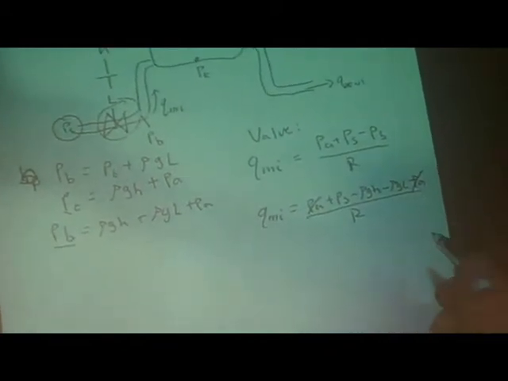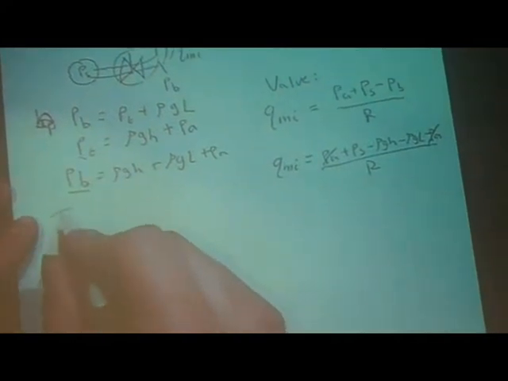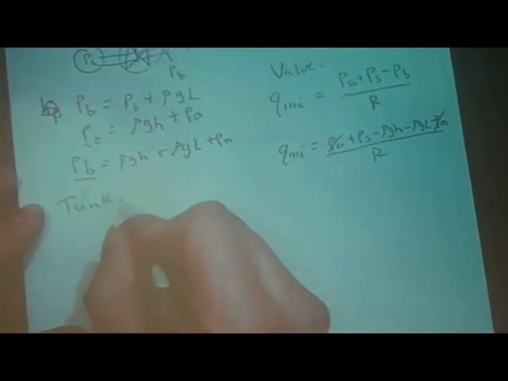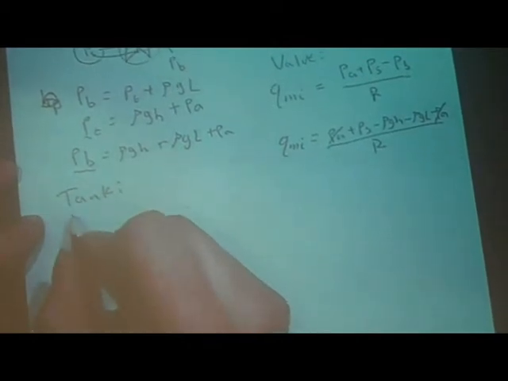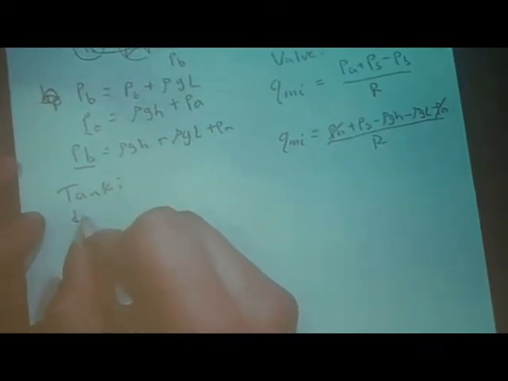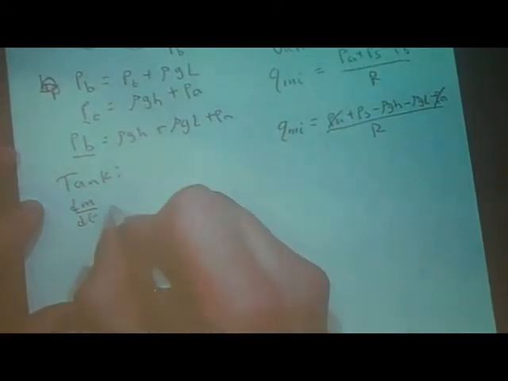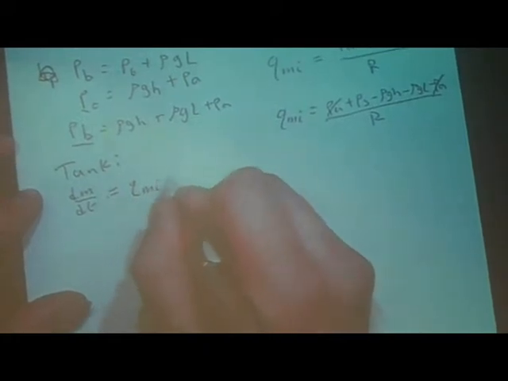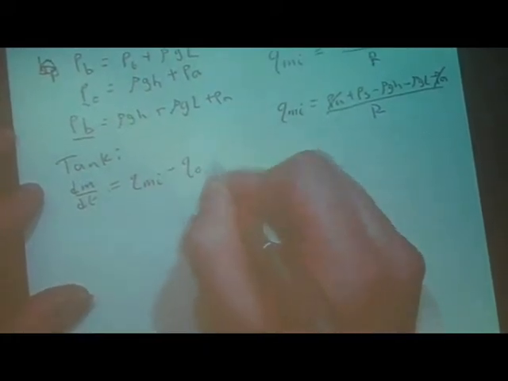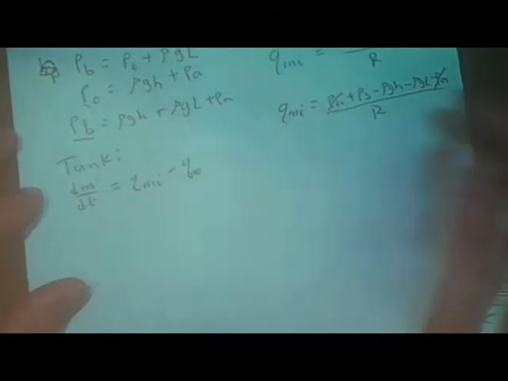Lastly, we'll look at the third component of our system, which is the tank. The governing equation for the mass flow rate of a tank, dm over dt, is equal to the mass flow rate coming into the tank minus the mass flow rate going out of the tank. That is based on conservation of energy.